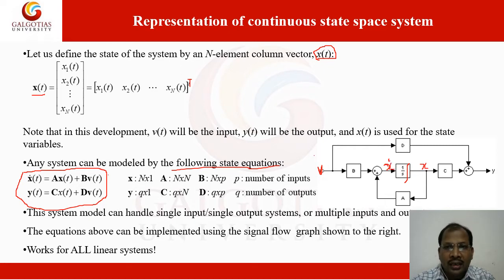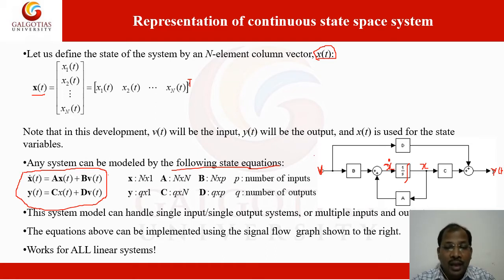Then x(t) is multiplied by A and added to B times v(t), giving x dot t equals A x(t) plus B v(t). The output y(t) is obtained as y equals C times x(t) plus D times v(t).